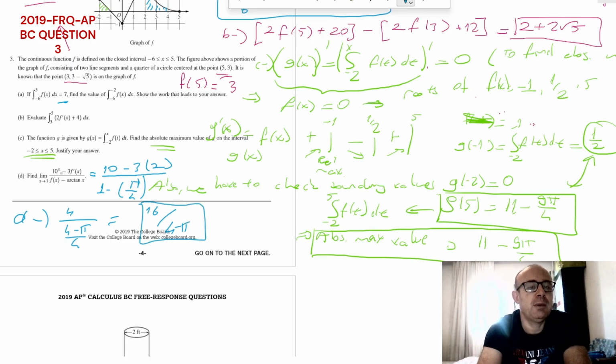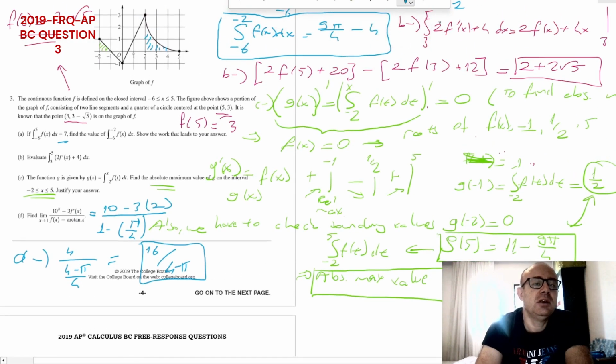And I want to repeat that part. F derivative of 1. Look here. The derivative of our function is a line segment. You see that the derivative at 1 is equal to, look at that triangle.